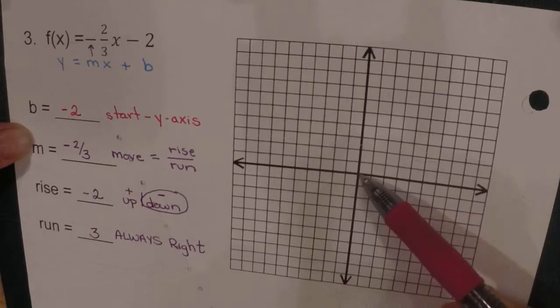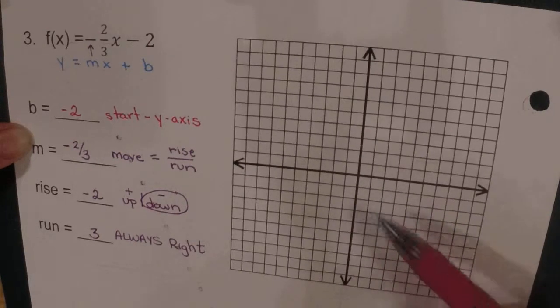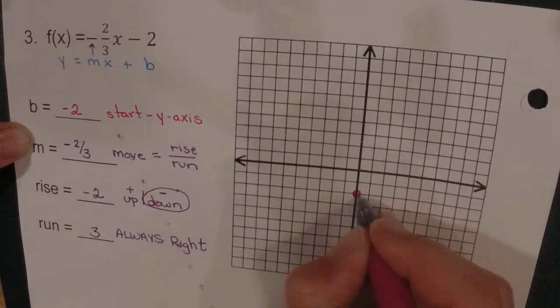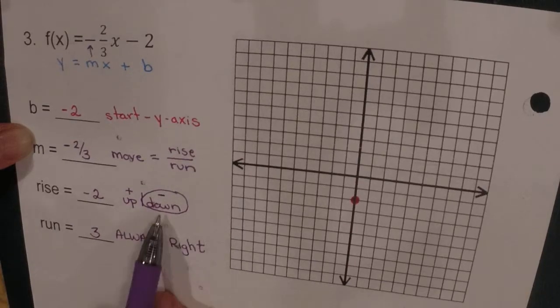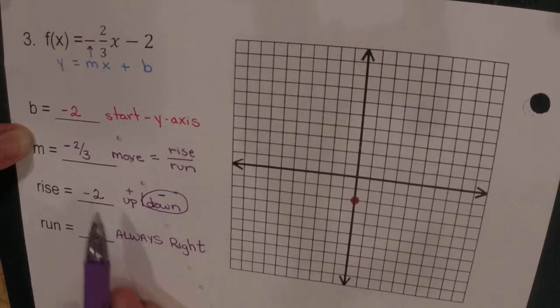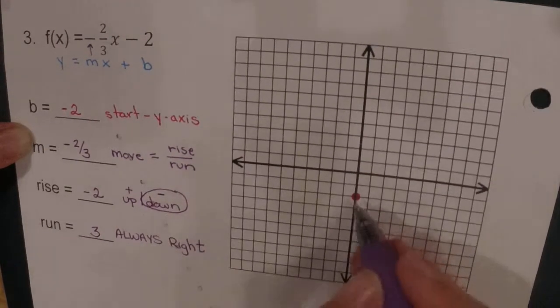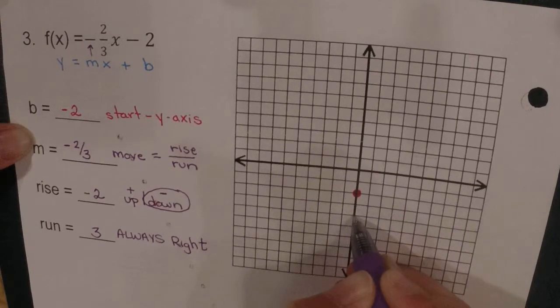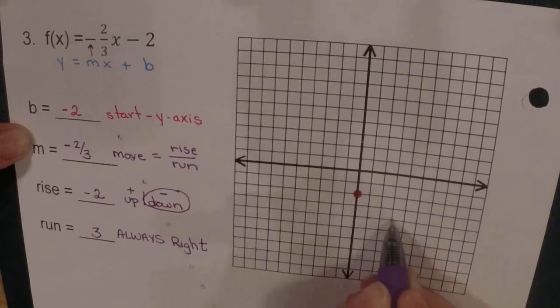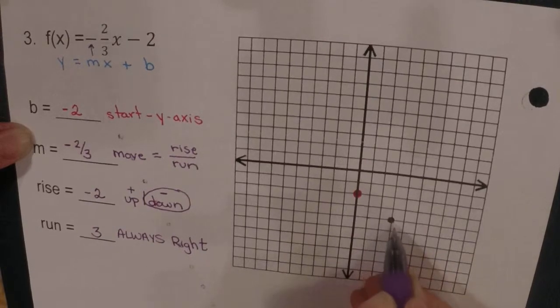So here's 0, I go down, 1, 2, and I put a point. From there, I'm supposed to follow my m, which is my movement, and I'm supposed to go down 2, right 3. So I go down 1, 2, and then I go right 1, 2, 3, and put a point.